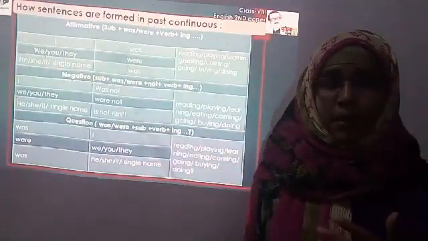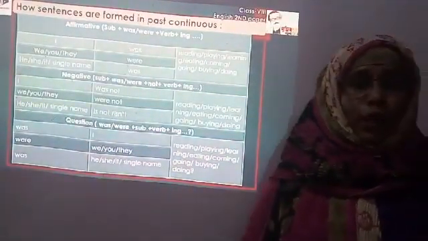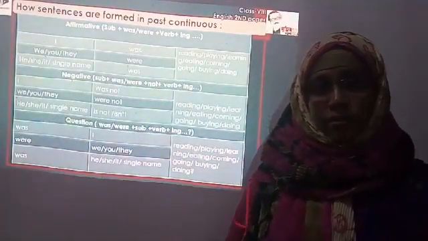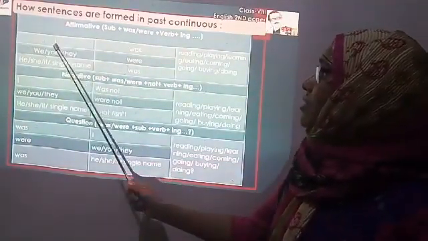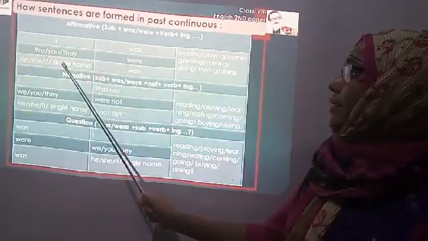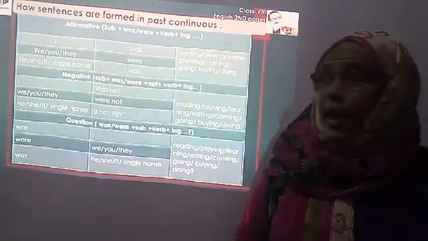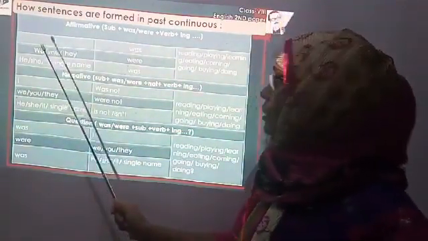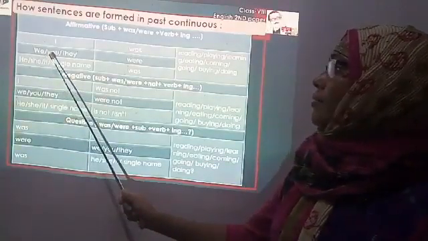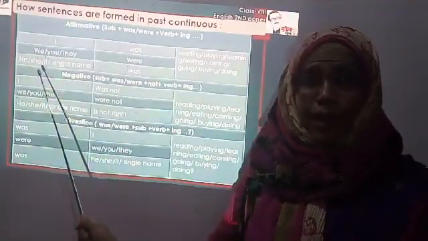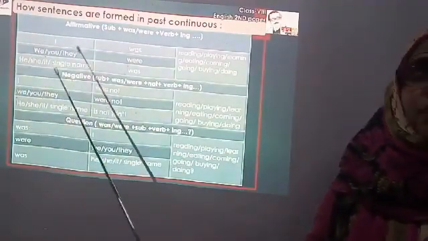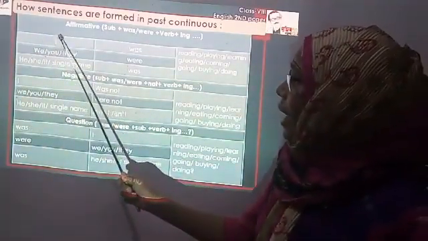Just remember, when do you use was, and when do you use were? We use was with first person singular and third person singular, and we use were with second person singular and plural, and first and third person plural.